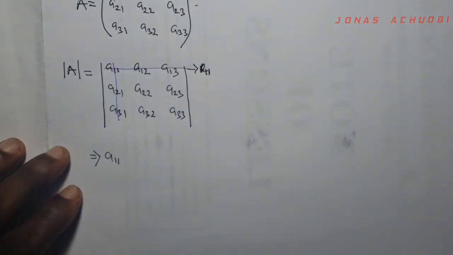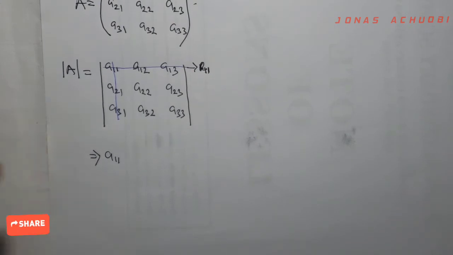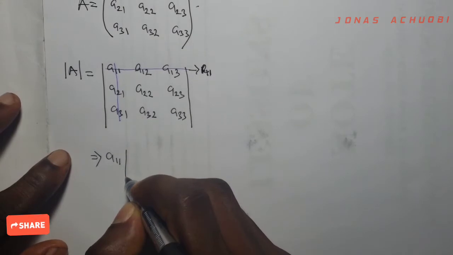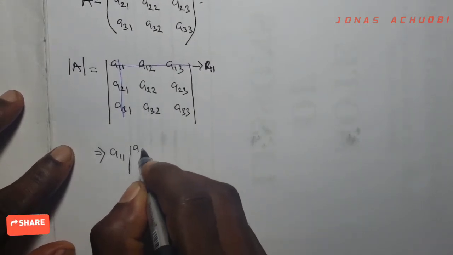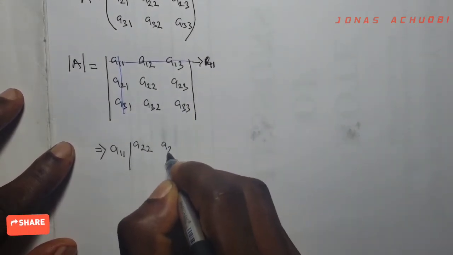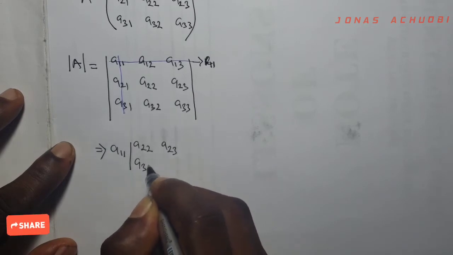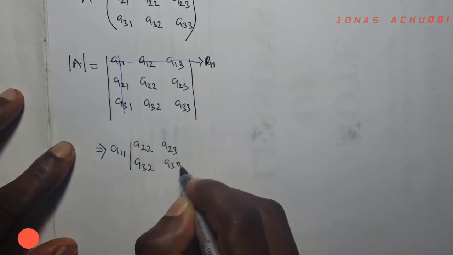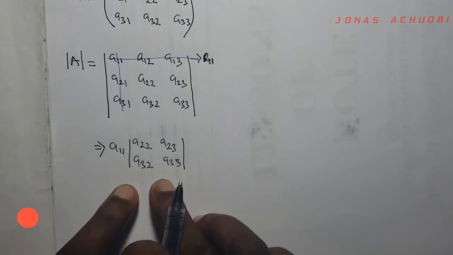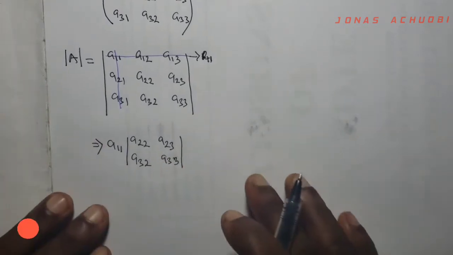So pretend for a second that those entries no longer exist. What will be left will be the determinant of A22, A23, A32, and A33. That becomes a 2 by 2 determinant. So we're trying to reduce the determinant.